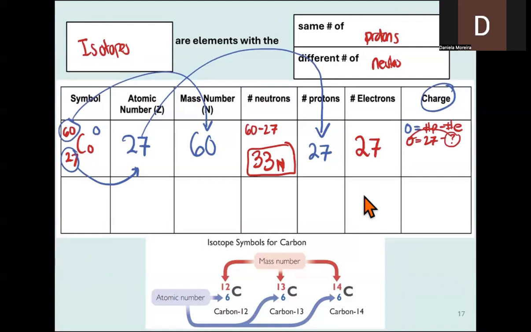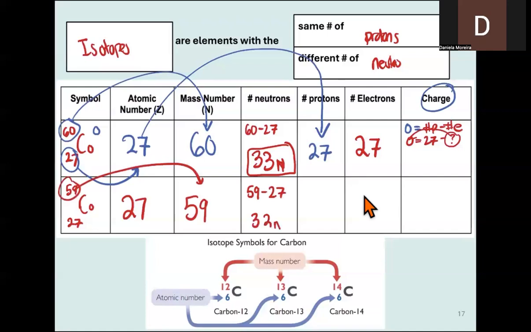Another isotope of cobalt that is more common than this is cobalt-59. The mass number is instead 59. 59 minus 27 is 32 neutrons.